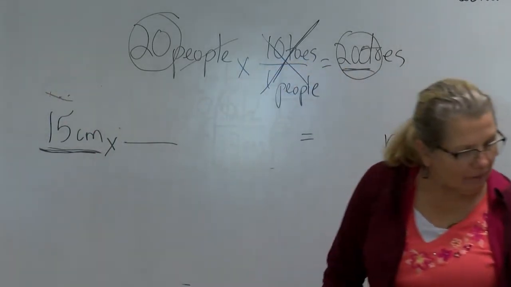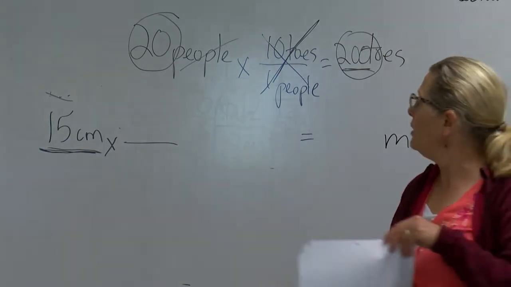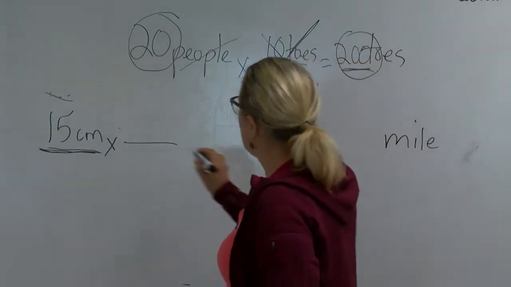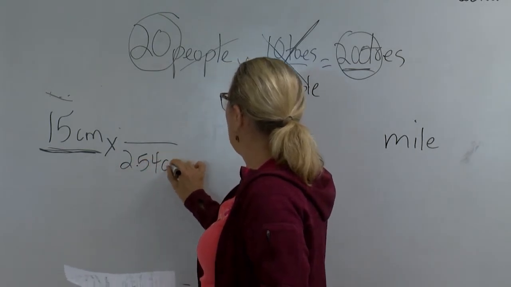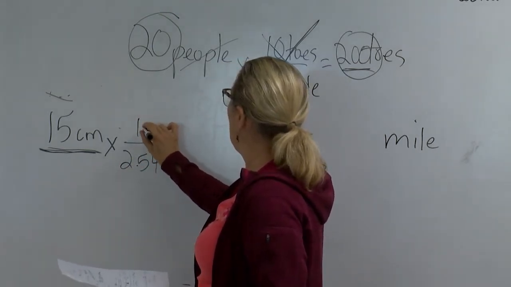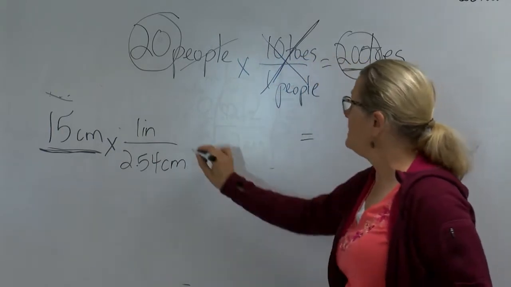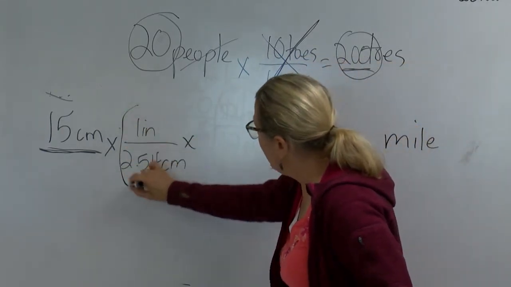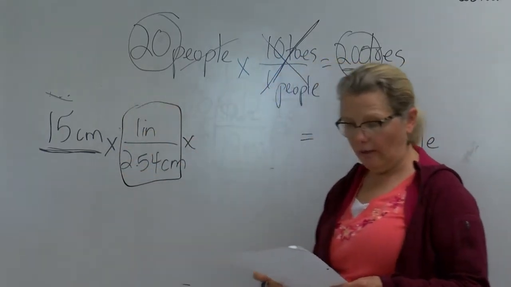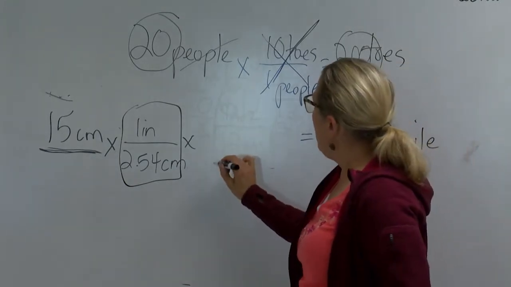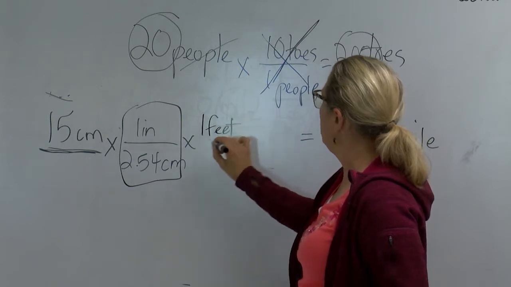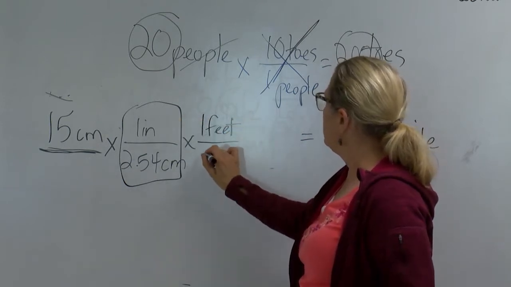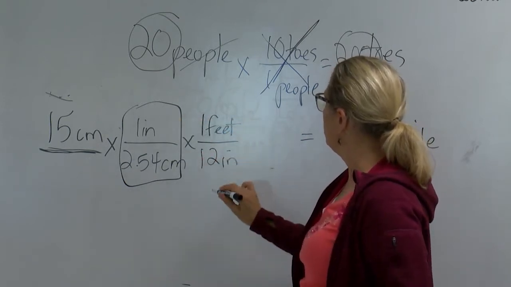Okay, so we want to get from centimeters to miles. So maybe some of you know that 2.54 centimeters is equal to 1 inch. Maybe not. This is an equality. These things are equal to one another. And most of us know that 1 foot, or 1 feet, is equal to 12 inches.